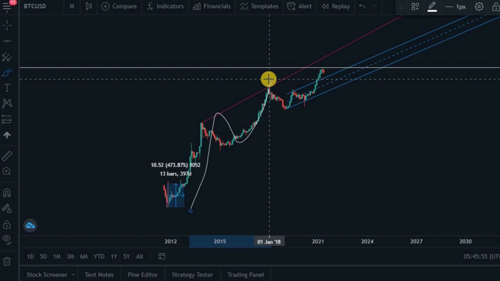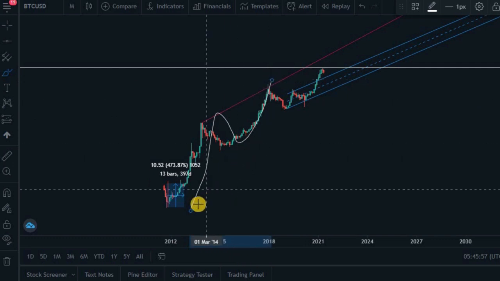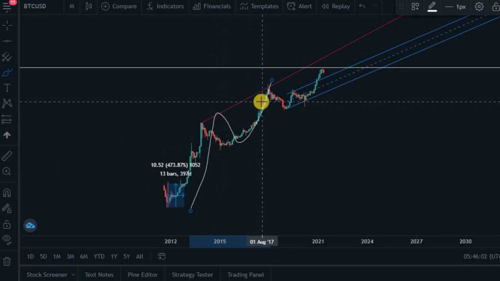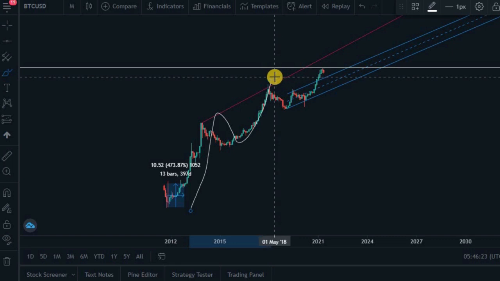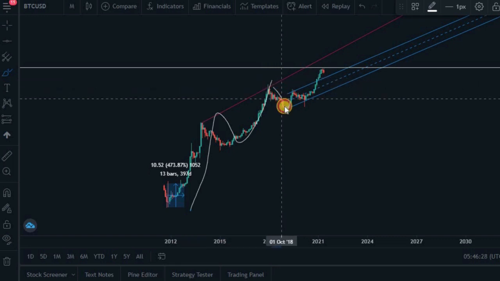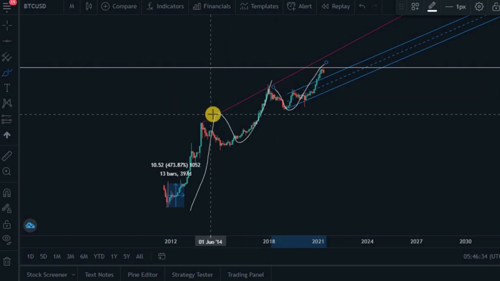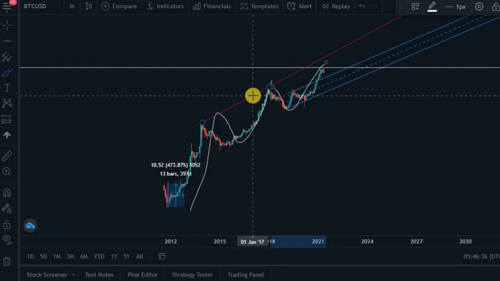The first phase is the price goes up sharply. In the next phase the price loses its momentum, and we have another phase where the price again loses its momentum. It's something like it wants to go down.